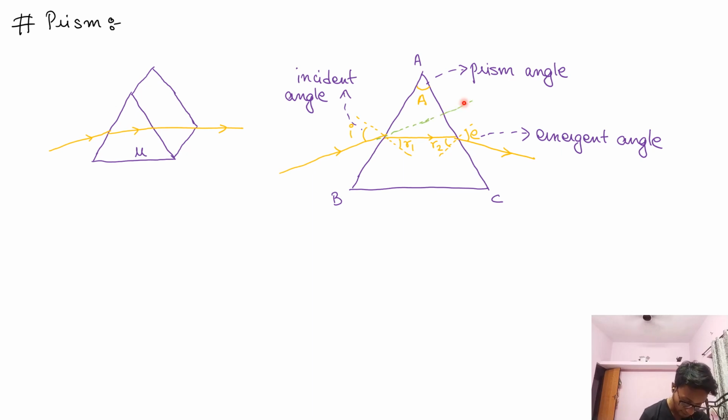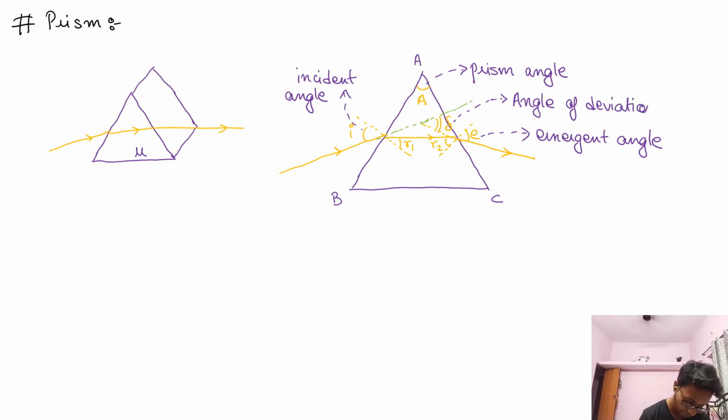My question is, by what angle should I turn this incident ray so that it becomes the emergent ray? To find that angle, we trace back the emergent ray, and out here, this angle is called the angle of deviation, the angle by which the incident ray must be bent or rotated so that it forms the refracted ray. This out here is the angle of deviation.